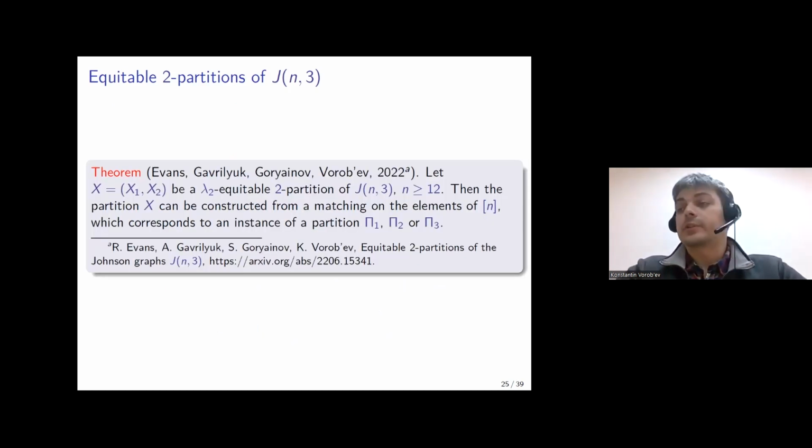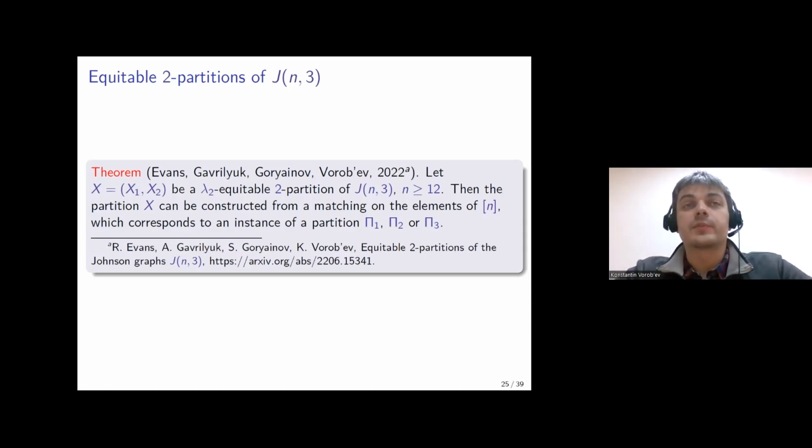And our main result here is the following. If we have an equitable 2-partition with the eigenvalue lambda 2 of the Johnson graph J(n,3), and n is at least 12, then the partition X can be constructed from a matching on the elements of the n-set, which corresponds to an instance of a partition pi1, pi2, pi3.